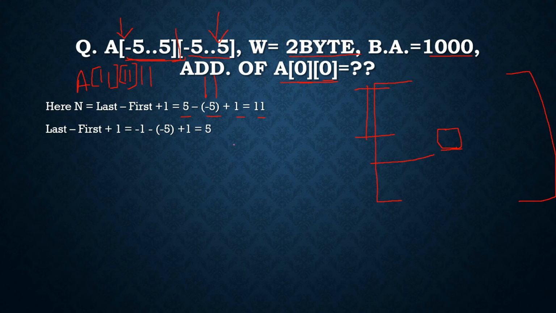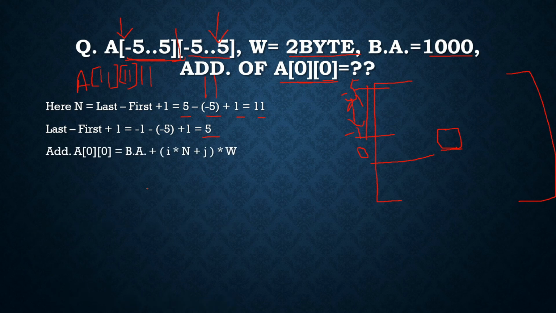Using last minus first plus 1, we find how many rows are filled up. Suppose this is 0, before 0 we have -1, and first we have -5. So from -5 to -1, there are 5 elements, that is equal to the number of rows, and 5 rows are filled up.